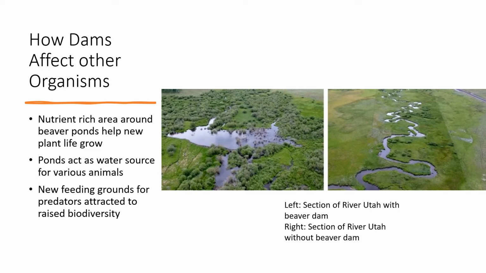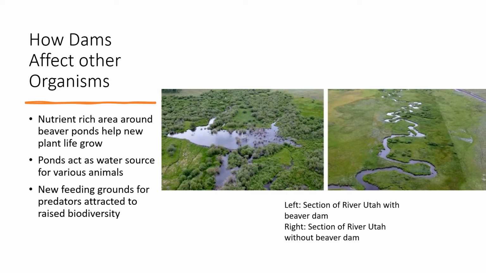How dams affect other organisms. So the nutrient-rich area around beaver ponds help new plant life grow. And as you can see in the pictures to the right, the photo on the right is a section of the river Utah that does not have a beaver dam.